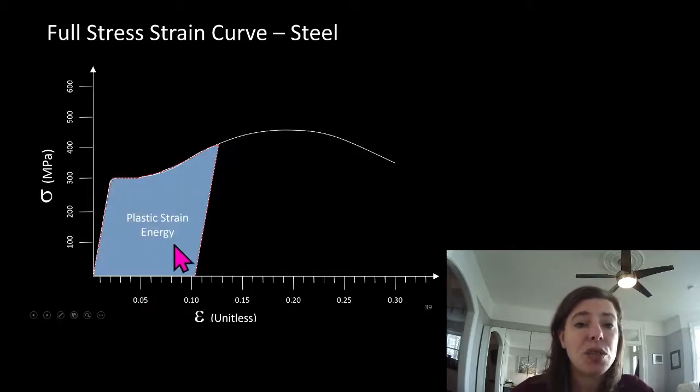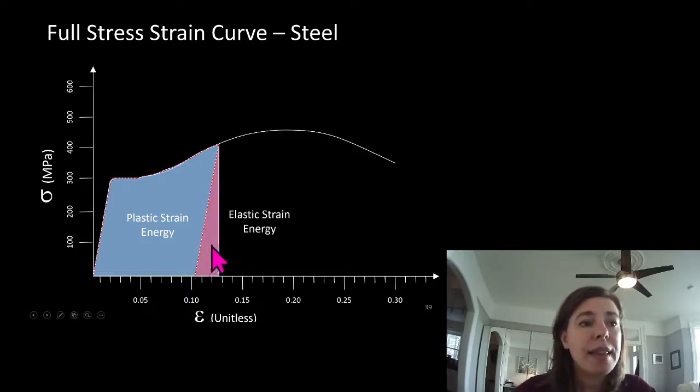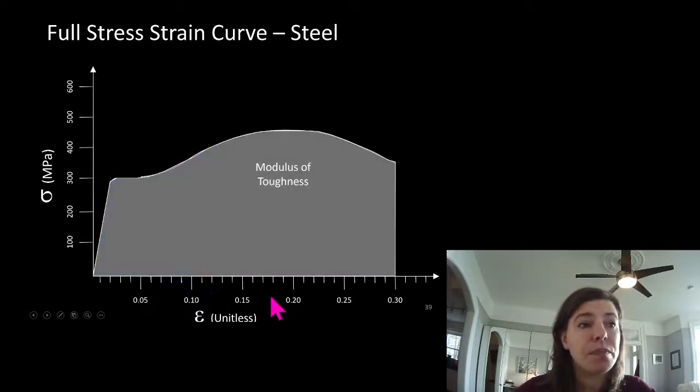This was the plastic strain energy, or the amount of energy that was absorbed and converted in the deformation of our object. And this is what was held when we were at this point as elastic strain energy and allowed us to convert back to this shape. Not our original shape, but we did move back some amount when we unloaded it. So zero stress down here, but quite a bit of strain.